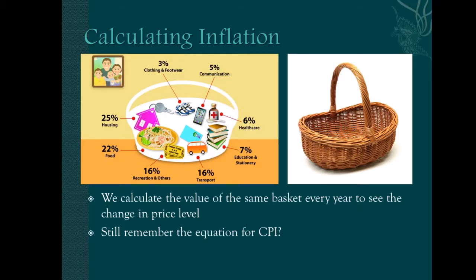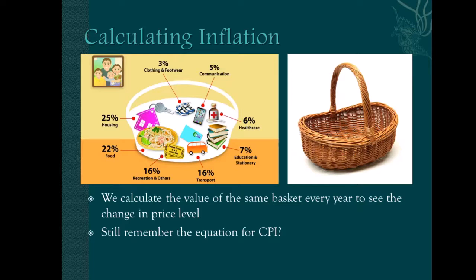Why do they put 22% on food? What's the base for this percentage, or for all the percentages in this basket? Average part of the expenditure, yes, you can say so. Or it is just the relative importance of the consumption from the household.